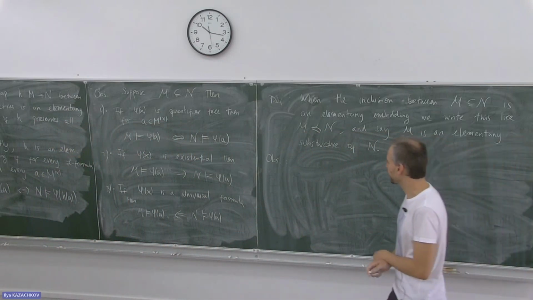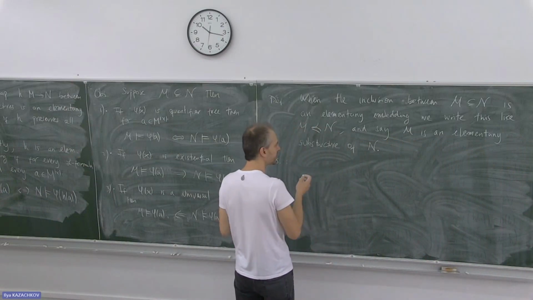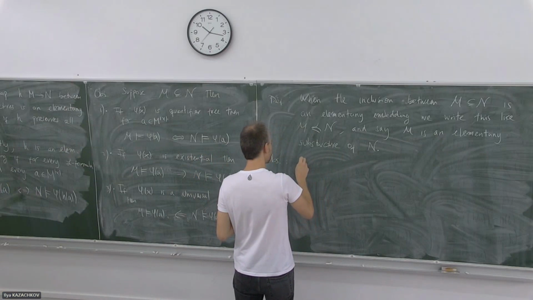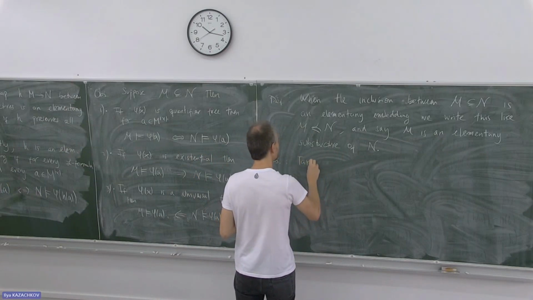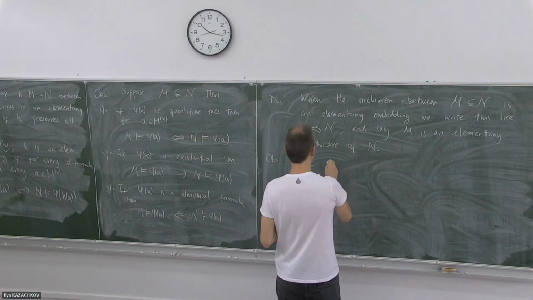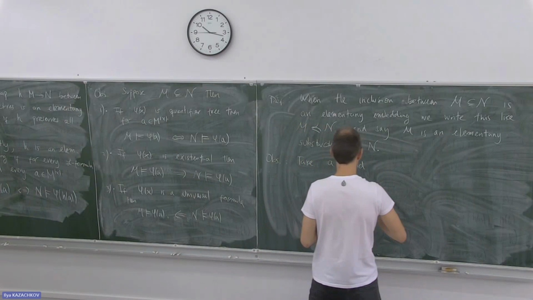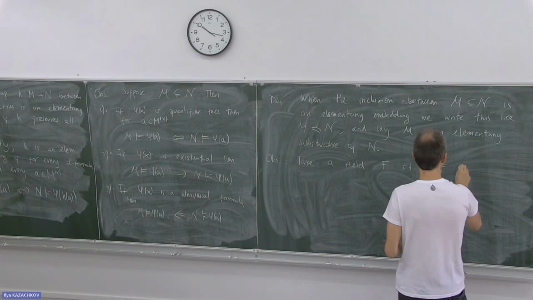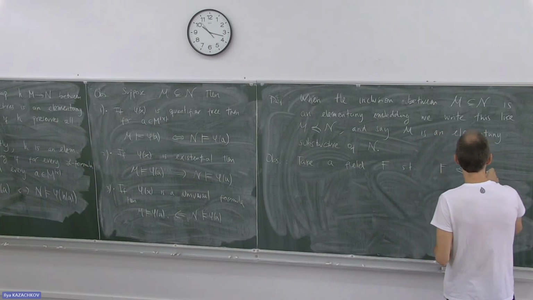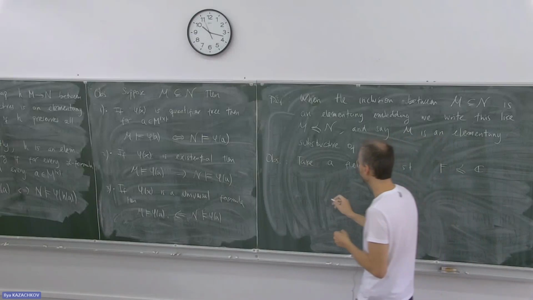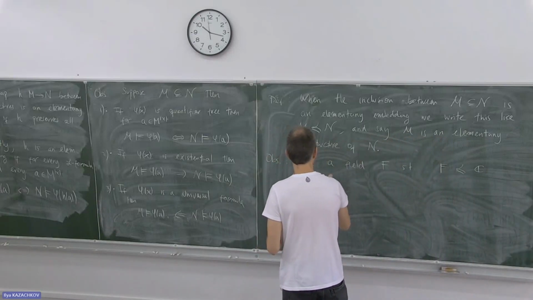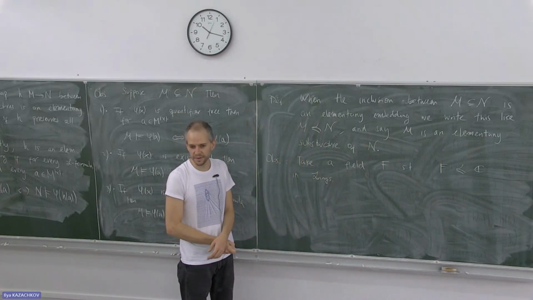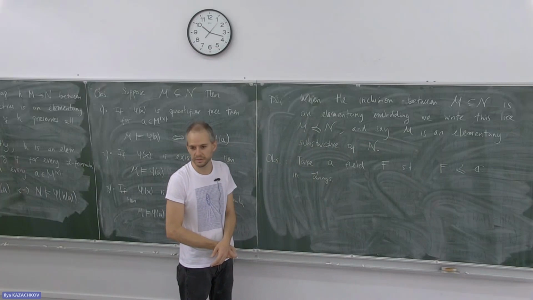Now, note this, for example. Just one example of how strong this is. Let's take, for example, a field F such that F is an elementary substructure of the complex numbers in the language of rings. Then F, for example, has to be already algebraically closed.